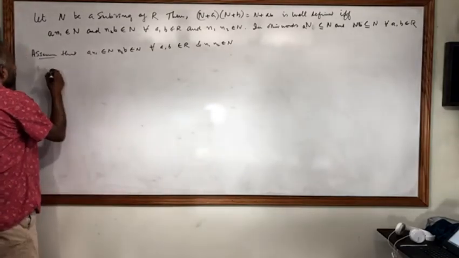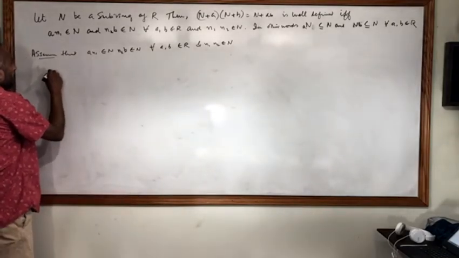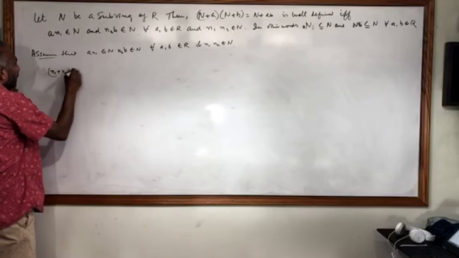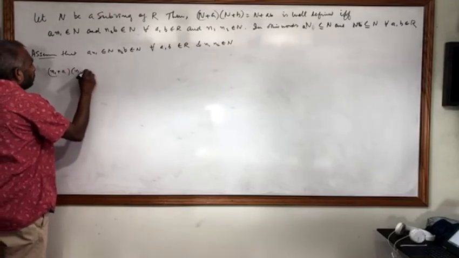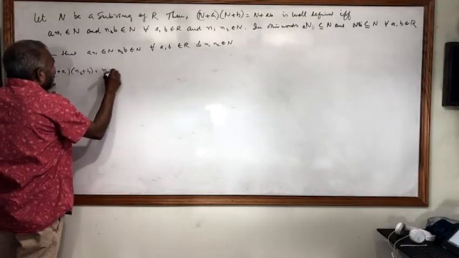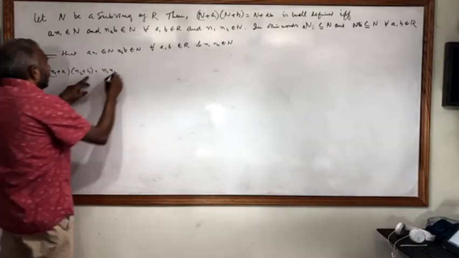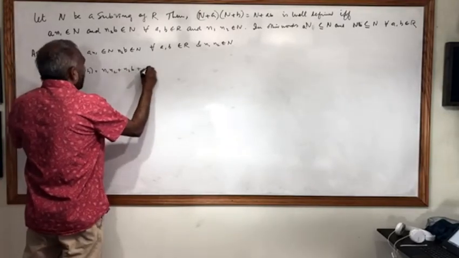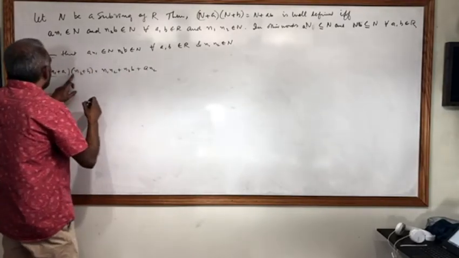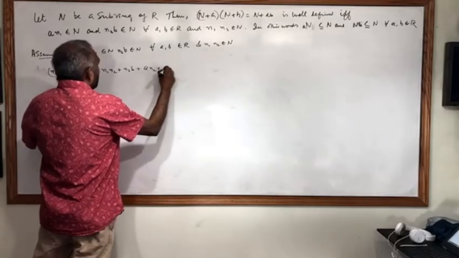So n1 plus A times n2 plus B is equal to n1 n2 plus n2 B plus A n2 plus AB.